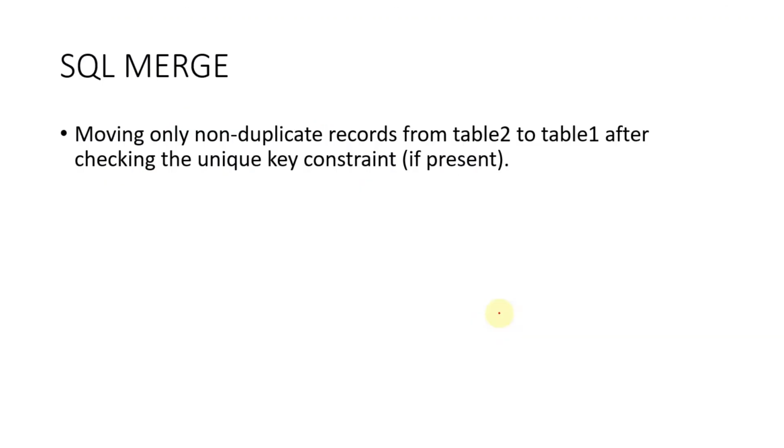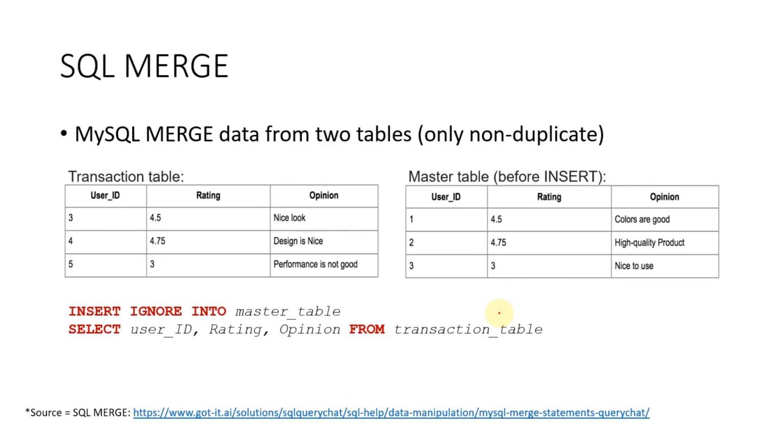Merge statement in DML. If you need to merge data of two tables, actually we bring data from one table to another. So for that purpose we can use merge. Merge is actually the same query of insert as we did in the last example, but note one thing, that we can use ignore to avoid the duplication.